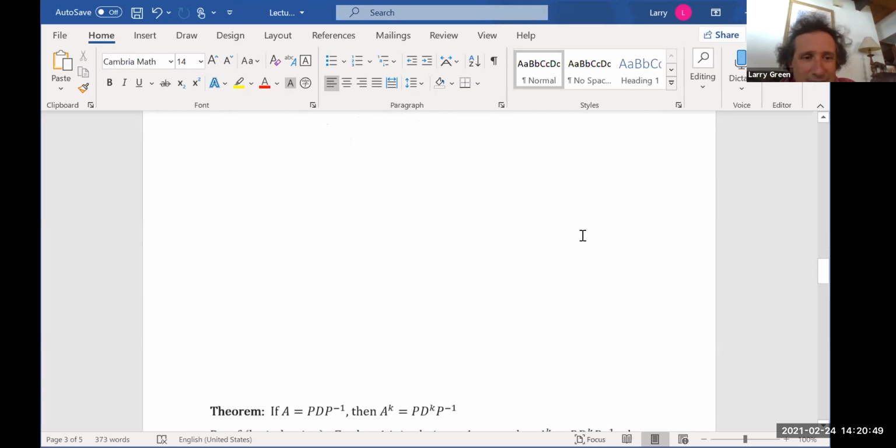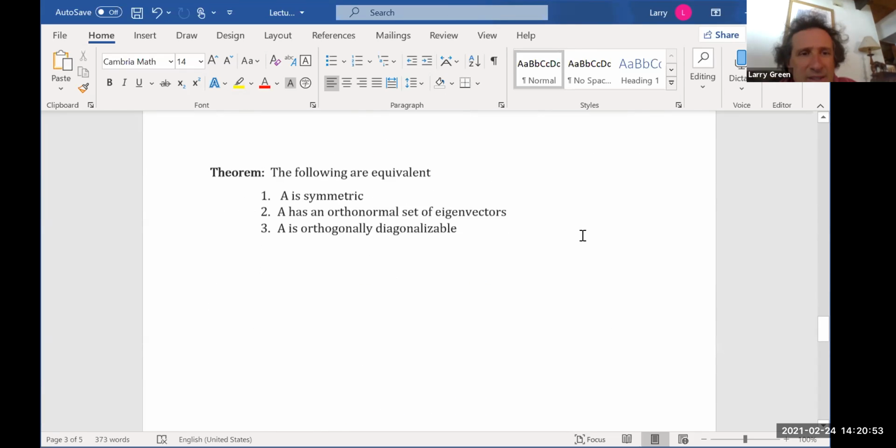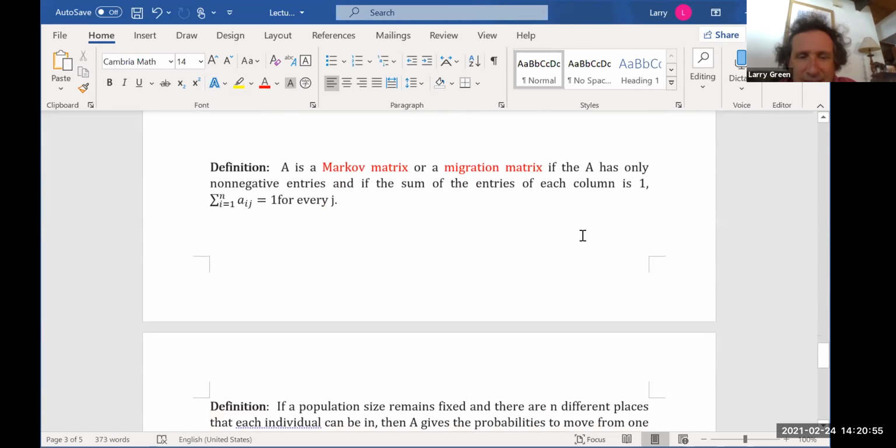All right, I think I'm going to move on. And now comes the next application. This is more of a real-life application. And here's a definition.